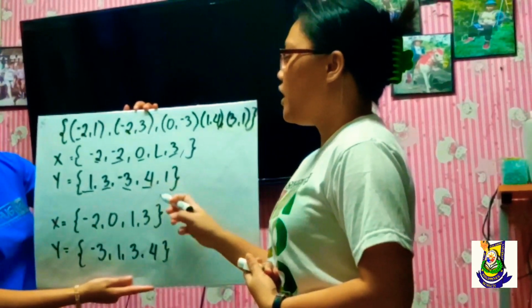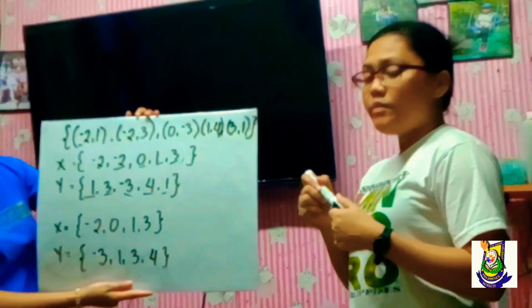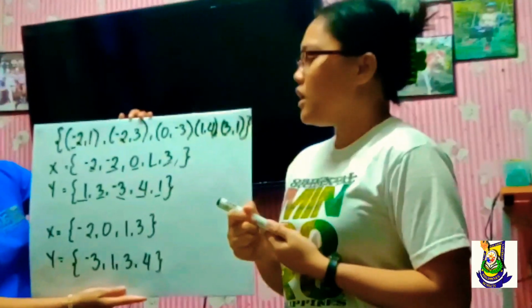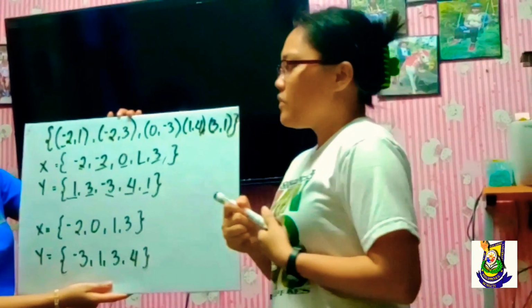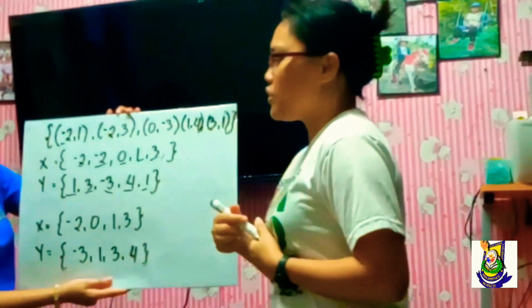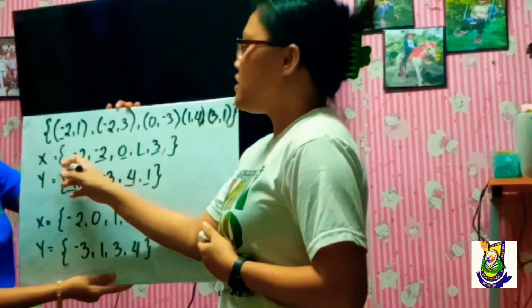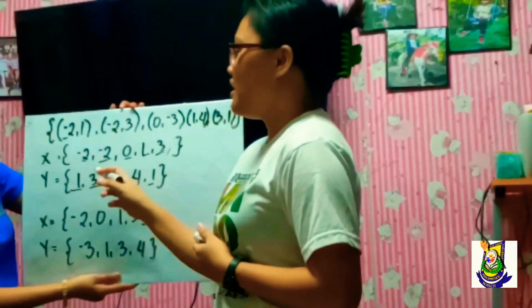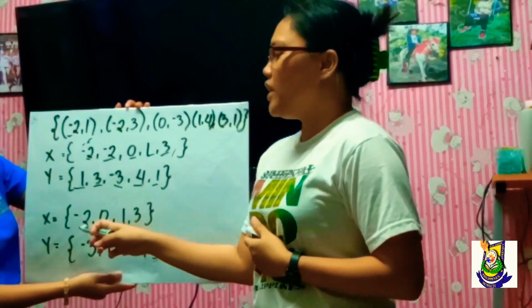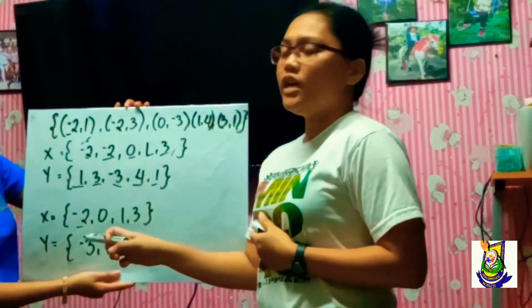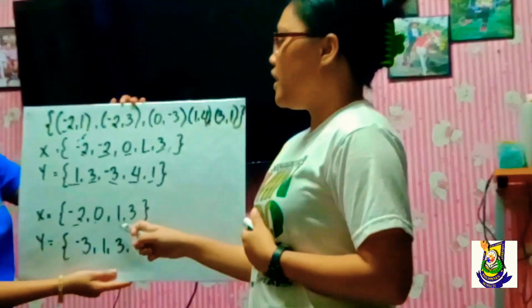And remember, when we are listing both range and domain, we should get rid of the repeating values. In the domain, negative 2 is repeated, so we will just write negative 2, 0, 1, and 3.